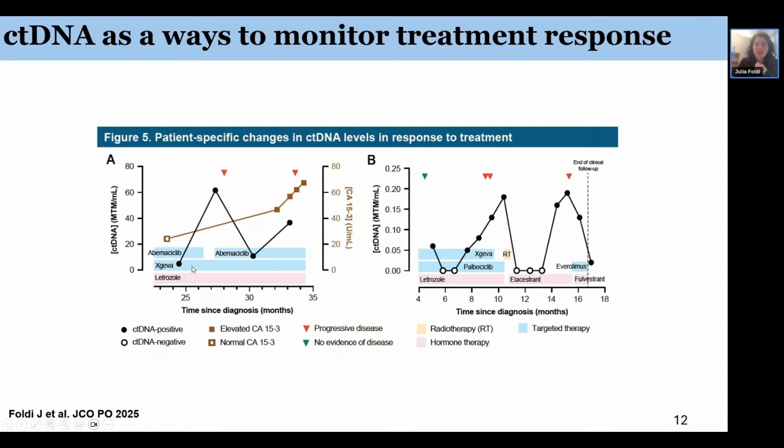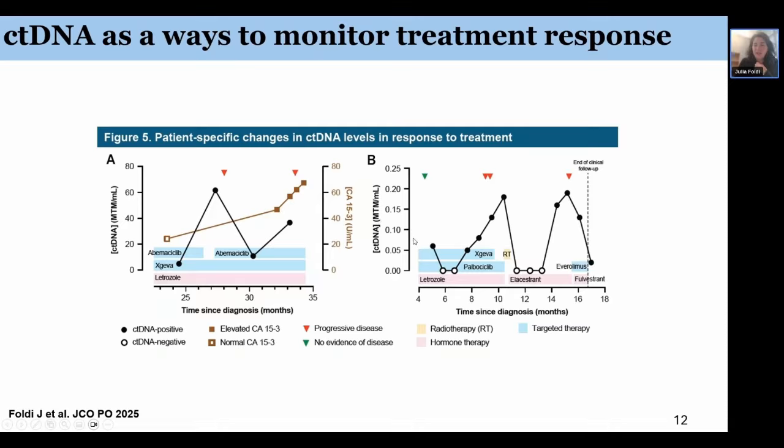You can see here that based on the ctDNA level, this patient seemed to have been progressing, which was confirmed with a CT scan. And then the ctDNA level fell again when another therapy was started, but then it started rising again, which showed early sign of progression, was again confirmed with a scan.